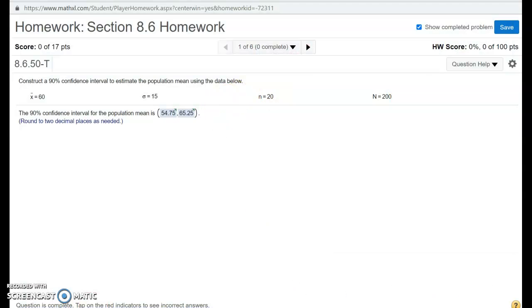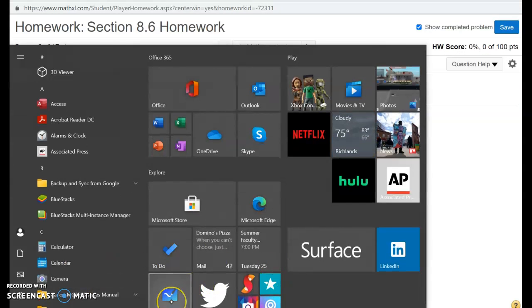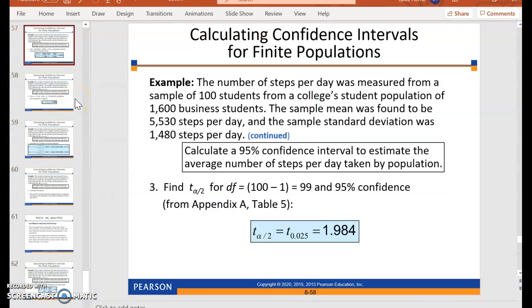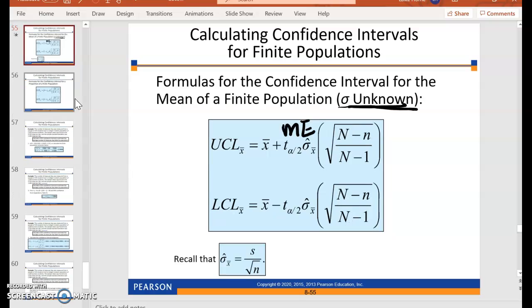Uh-oh, I closed my whiteboard. Let me open it back up. The sample size is 20 and the population size is 200. All right, so we're going to go up here and get our formula. We are doing z.